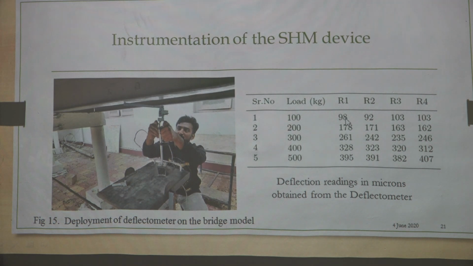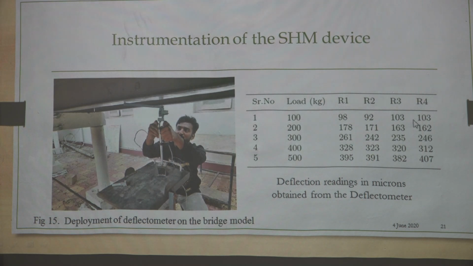These readings we have measured in terms of microns. For the 100 kilogram load, the deflection will be 98 micron, 92 micron, 103 and 103 micron.